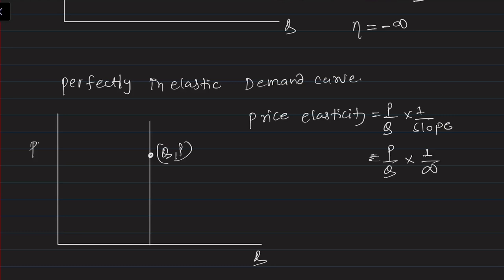Because the line is vertical, parallel to the vertical axis. Now what is 1 over infinity? This is 0. So elasticity is 0. That's why we call it perfectly inelastic.